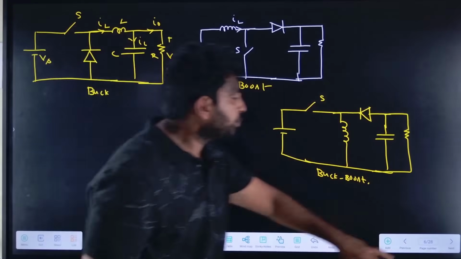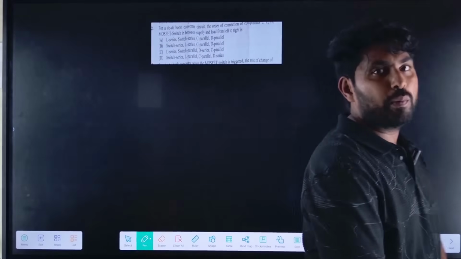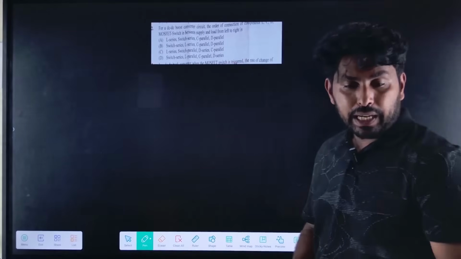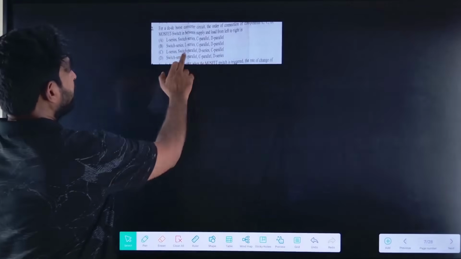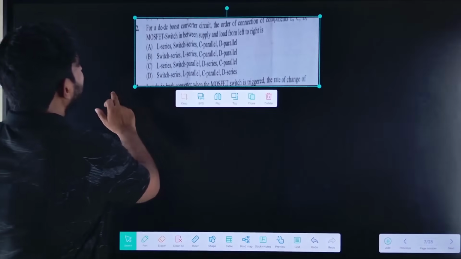So now let us solve some problems based on this. This is the previous problem. I think it is not visible, so let me extend this one. Let me read the question.